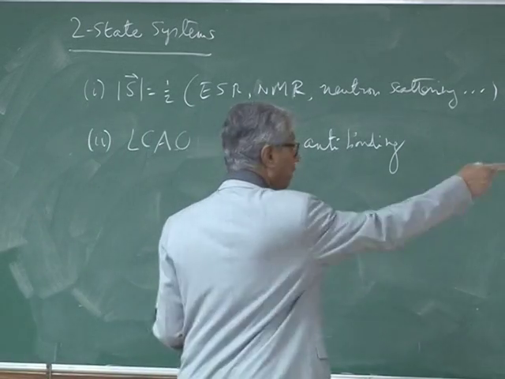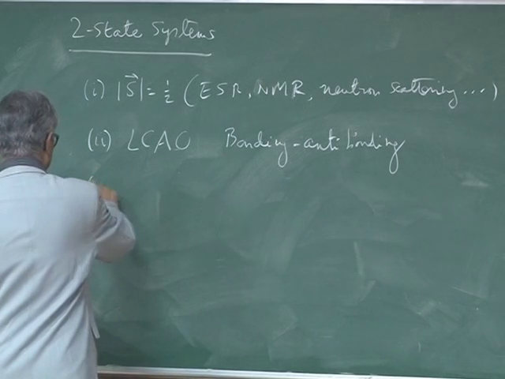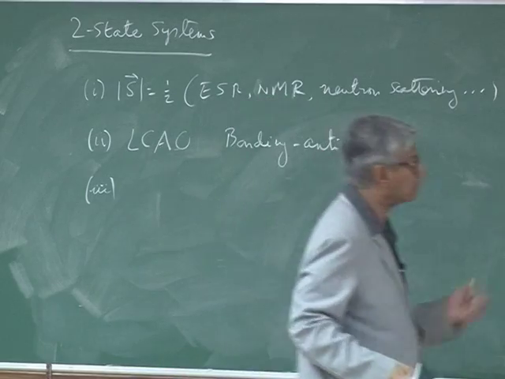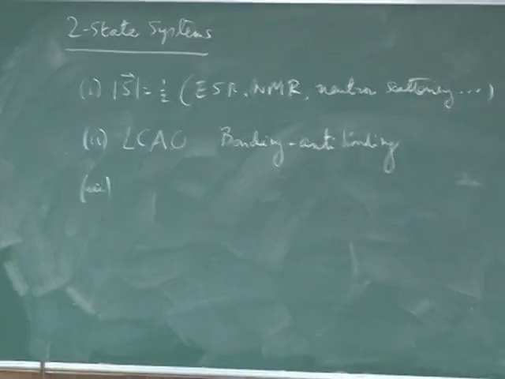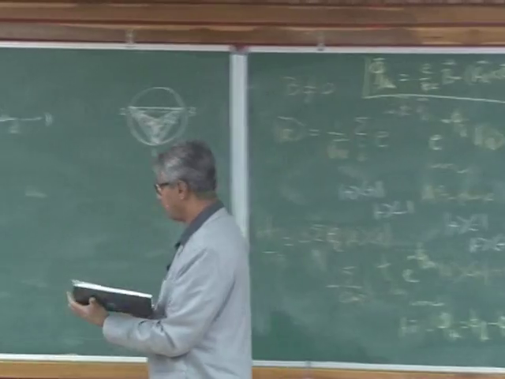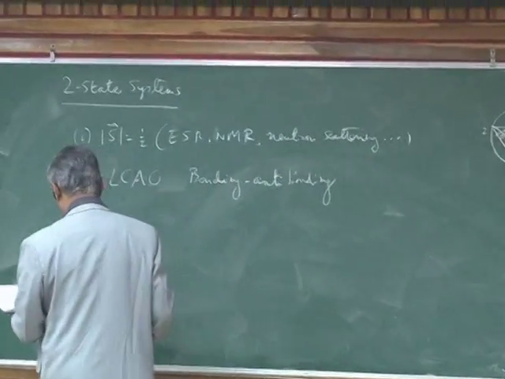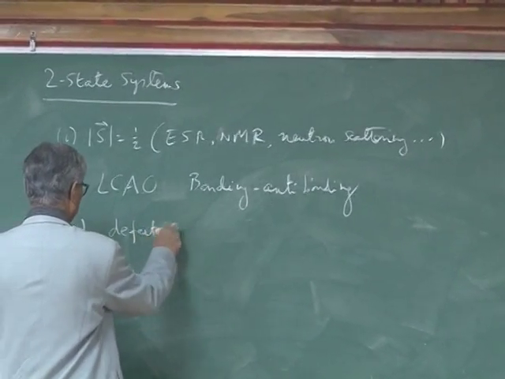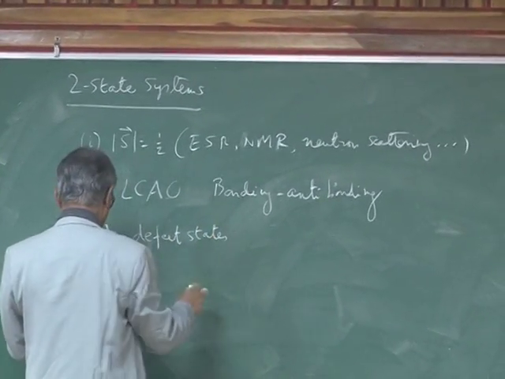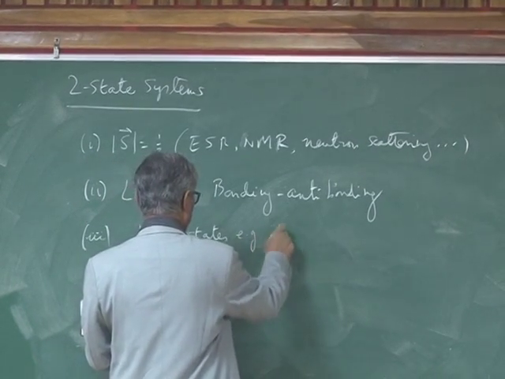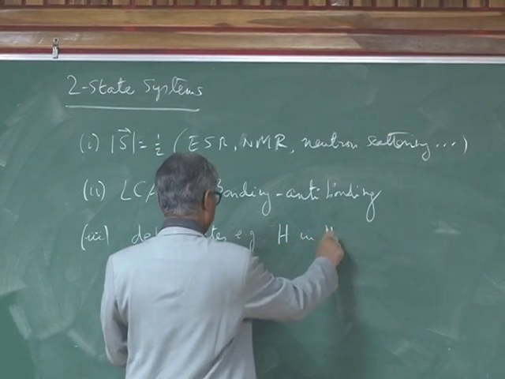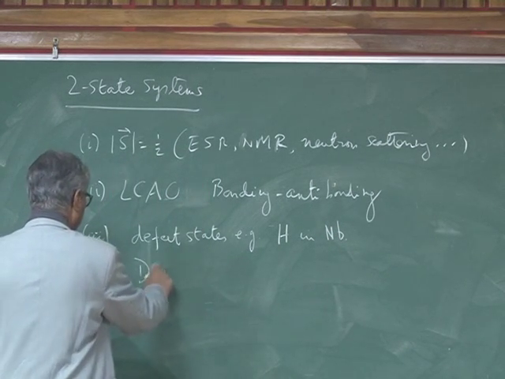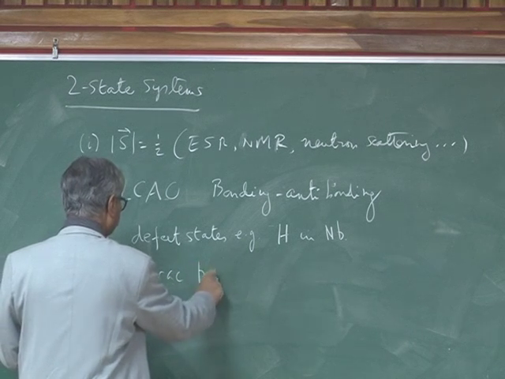Then I also mentioned in passing, work we did together in the mid-80s, where you have hydrogen in niobium, and people have done neutron scattering experiments, where you have realizations of two-state systems again. So you have defect states, for example hydrogen in niobium. Then next week, we're going to talk about Dirac points in graphene.